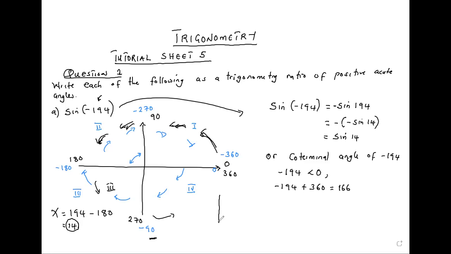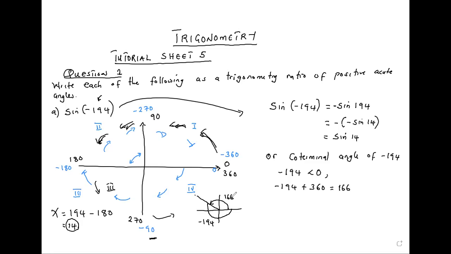Remember we said coterminal angles are the angles sharing the same starting point and the same ending point. So this negative 194 is an angle that goes this way, up to this region. We also have an angle in this direction, which is positive 166.